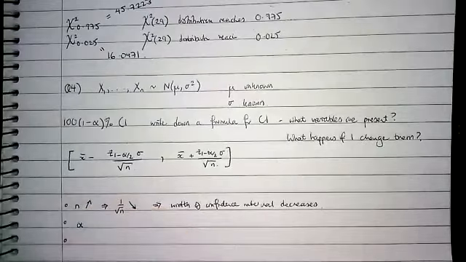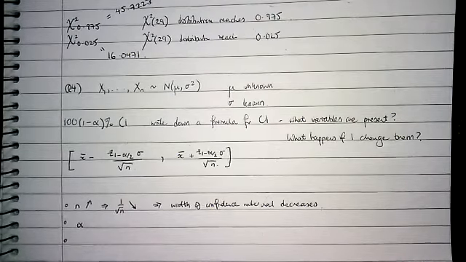What would happen if I changed what alpha was? Rather than the 90 percent confidence interval, I might want to be looking at 99 or 99.9 percent, whatever else is going on there.